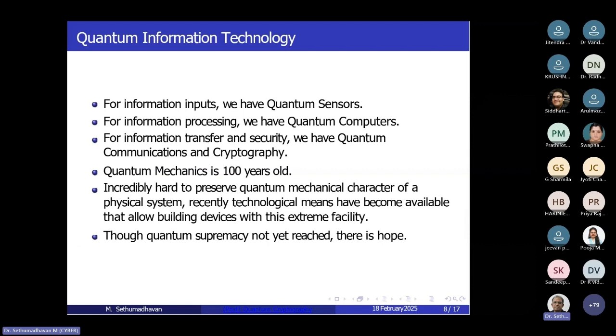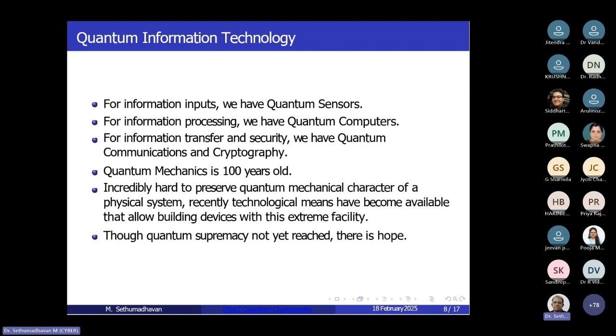But for information processing, we require quantum computing. And for information transfer and security, we have quantum communication and cryptography.